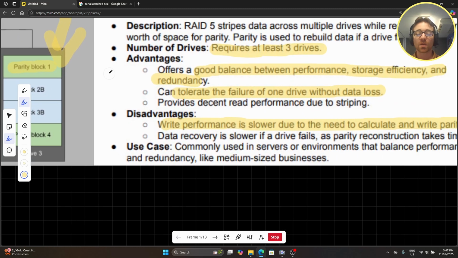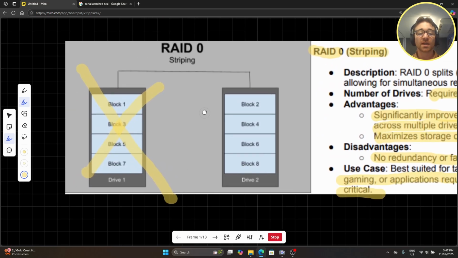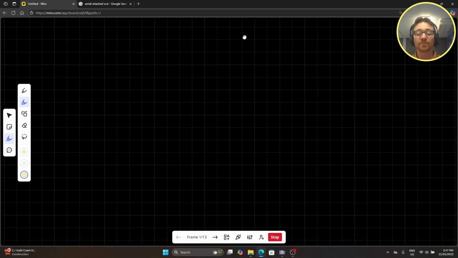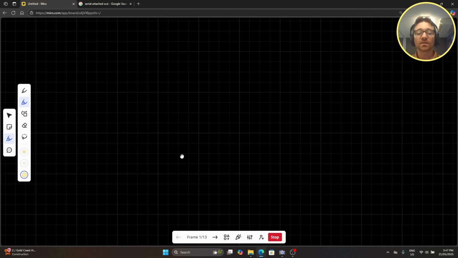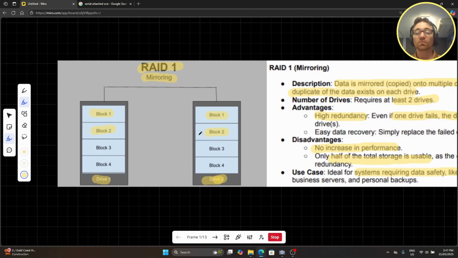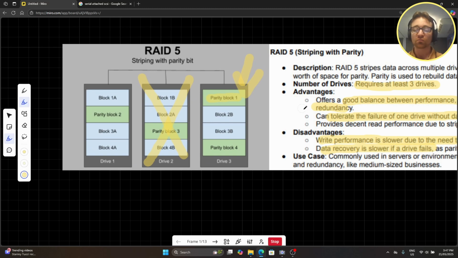So because of that, the write performance is a little slower than if we were to use RAID 0, which stripes but doesn't have that parity bit, okay? Also, data recovery is slower if a drive fails than in RAID 1, because in RAID 1 you have that exact copy right there, but in RAID 5 you need to wait for the parity bit or parity block to make up, and for that data to rebuild.